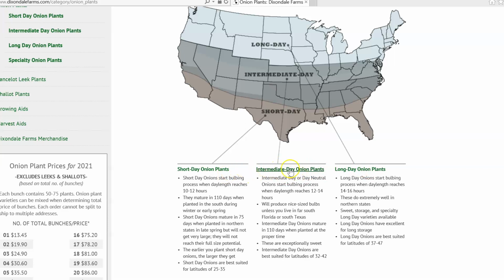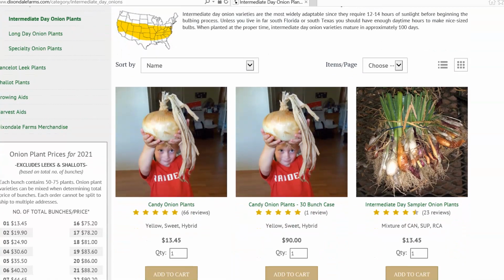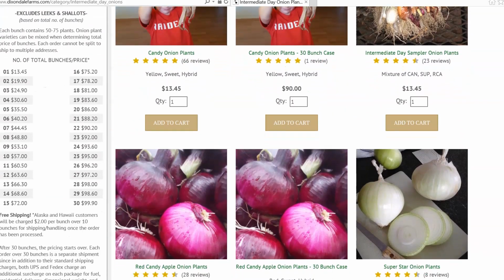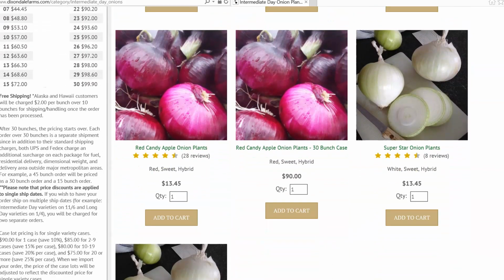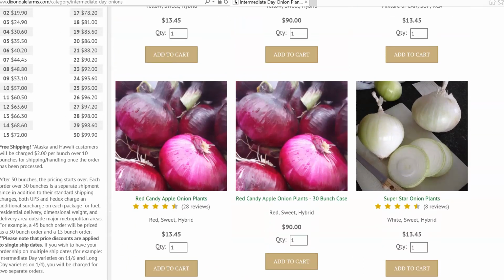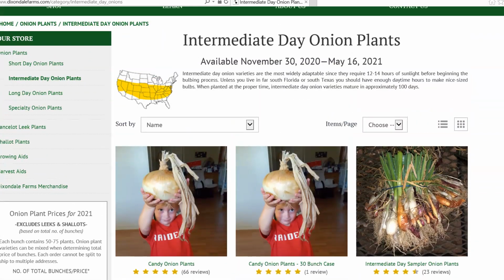Just for instance, if I go to intermediate, these are some of the options that would work well for the intermediate zones. They would actually do well here in my location in Georgia.